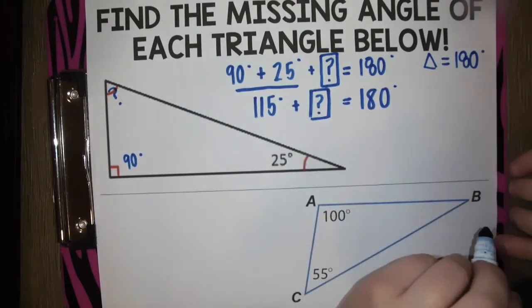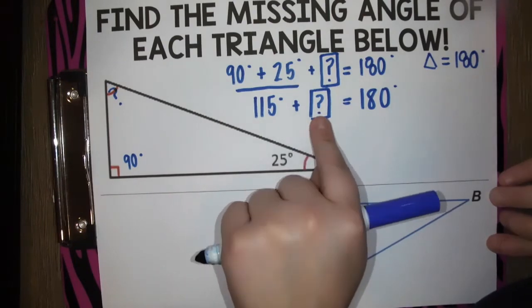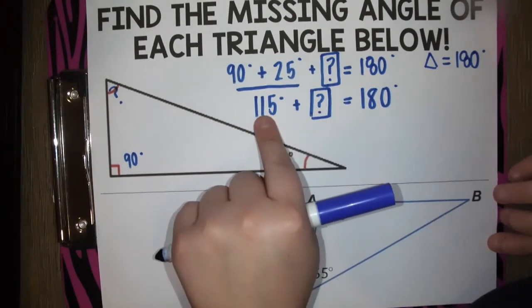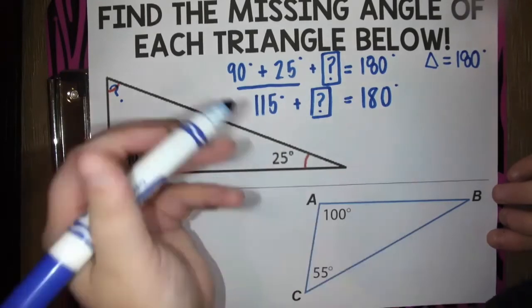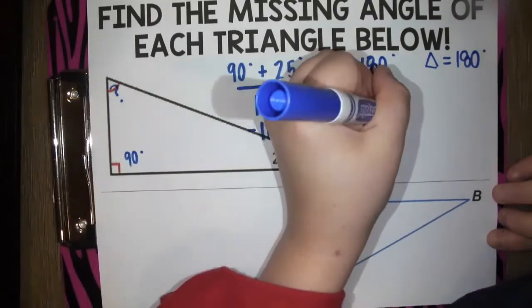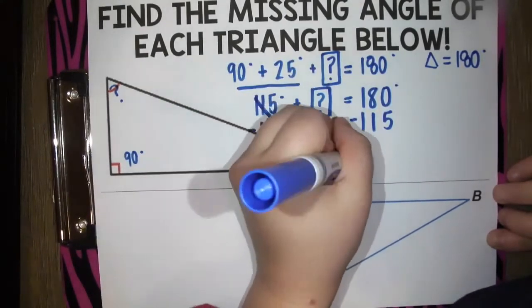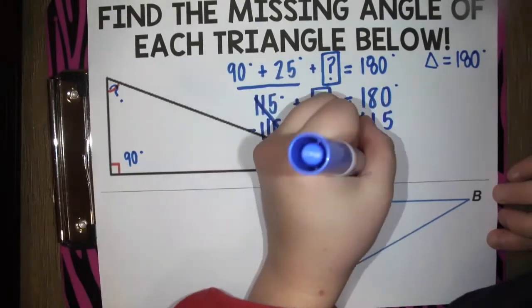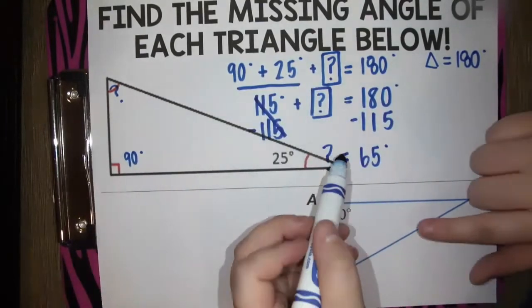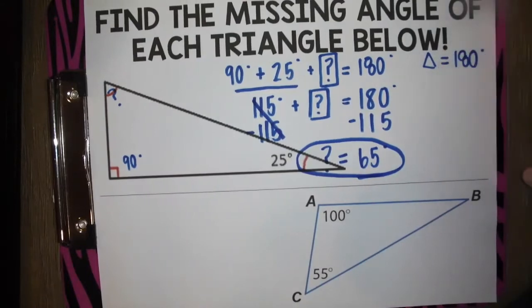And I'm going to solve this exactly like we solve one-step equations. What's happening to my mystery angle? Oh, well, I'm adding 115. So I'm going to do the opposite to solve and take away 115 from both sides. When I do that, I'll be left with my mystery angle, which ends up equaling 65 degrees. I get 65 when I subtract 180 and 115.